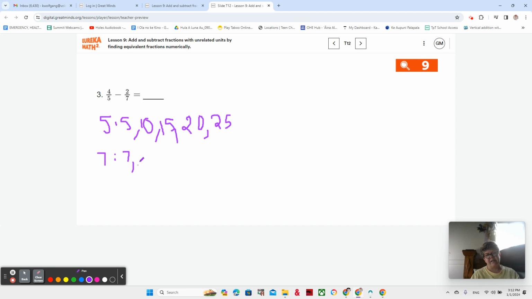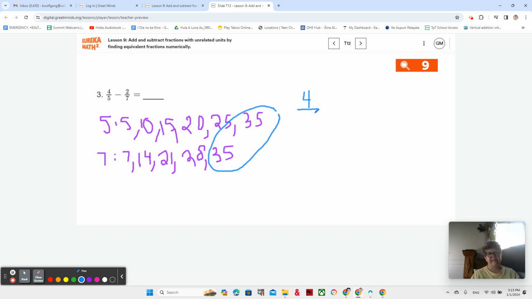So 7 times 1 is 7. 7 times 2 is 14. 7 times 3 is 21. 7 times 4 is 28. 7 times 5 is 35, there we go. And I don't even need to do the rest of those because I know that the only one I have is going to be 35. So sometimes it does work that your smallest one is going to be multiplying them by each other. But it helps to list them out because, like I said, you don't want your numbers to get so big.